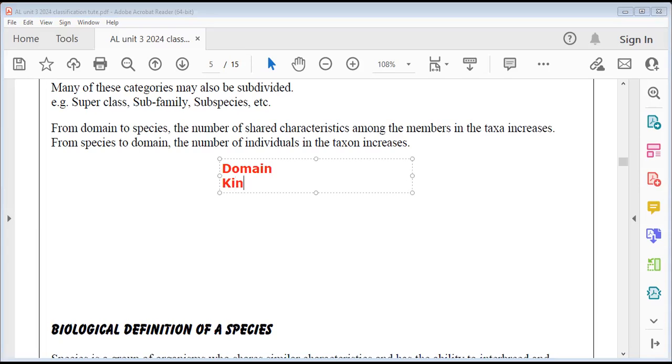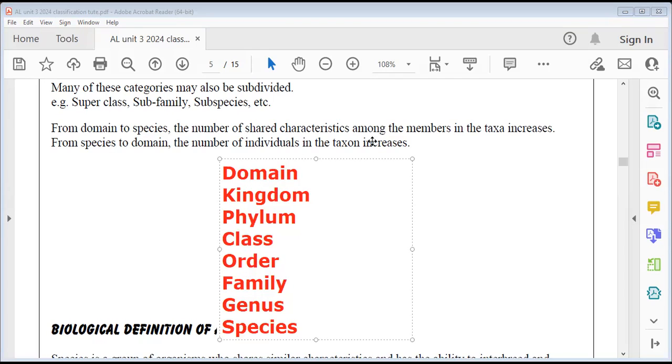Domain, kingdom, phylum, class, order, family, genus, and what is it? Species.